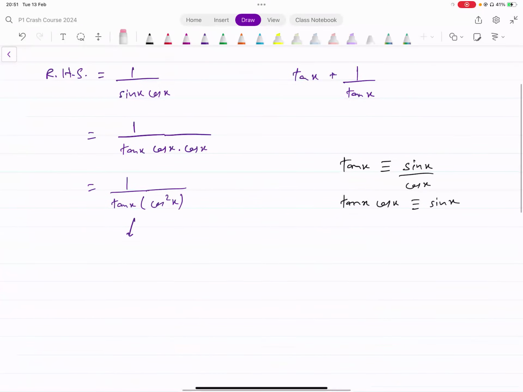If you want to take this to the numerator, you want either sine x or cos x in the numerator. So you can break that down into 2 parts then using that identity.